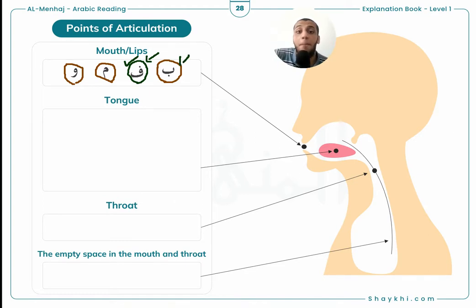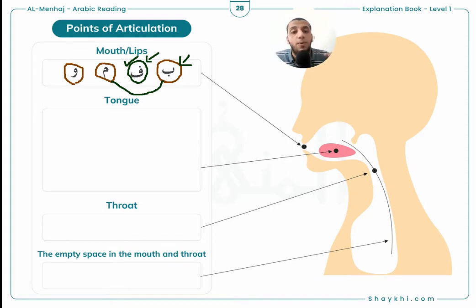First of all, the letter ba. How do we pronounce the letter ba? I want to explain the letter ba with the letter mim, because both of them are pronounced by closing the two lips together.